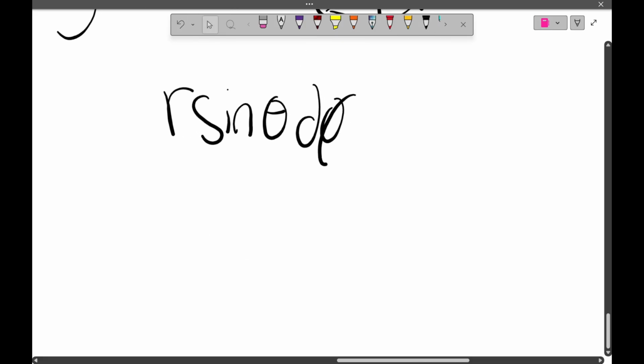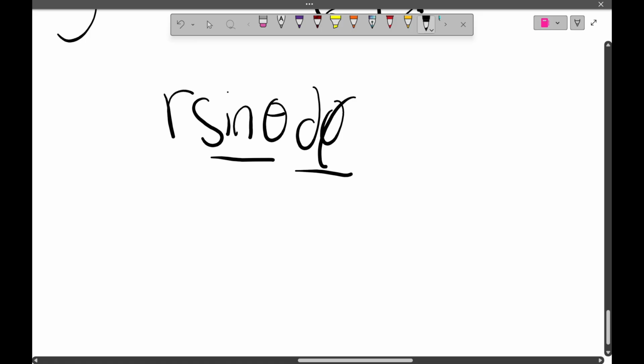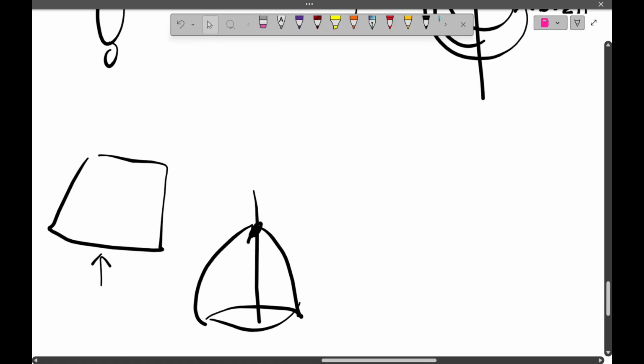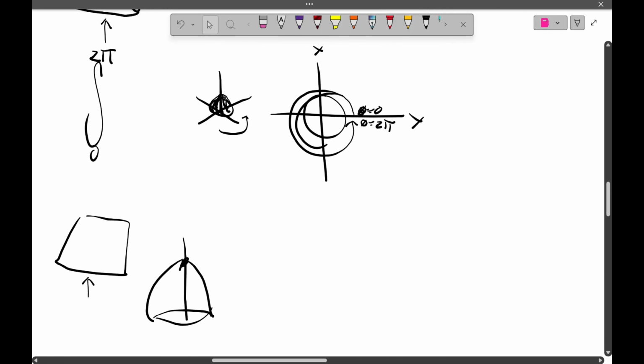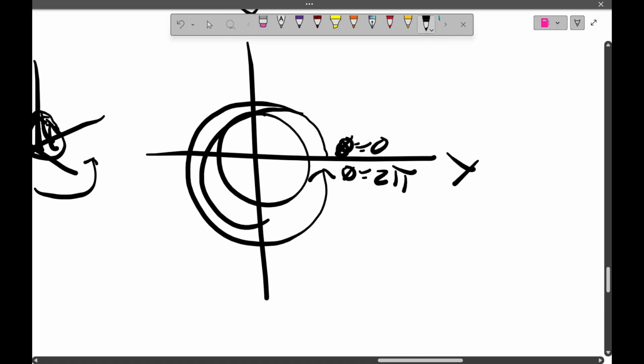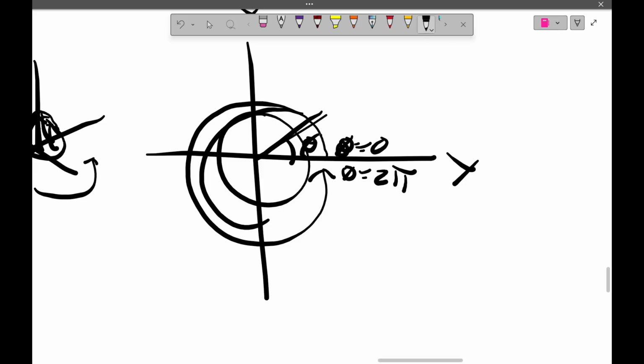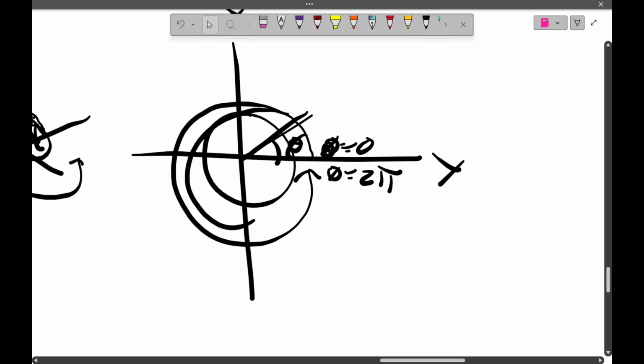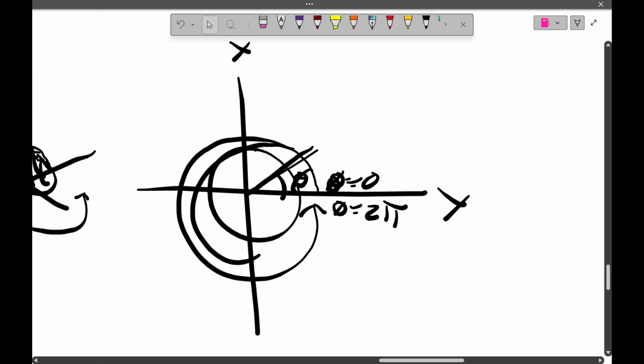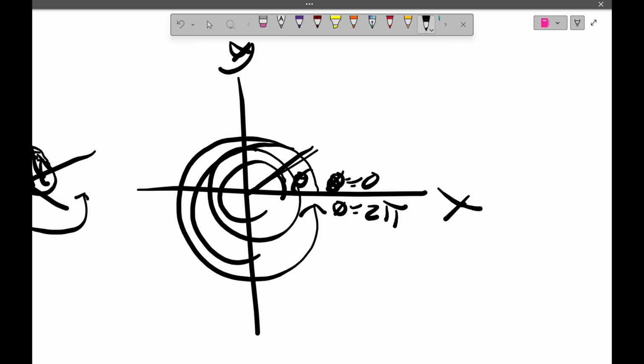Now you're thinking, okay, why do I have a sine theta and a d phi? D phi, remember, is the angle from the x-axis here, phi. Again, we're looking top down on this hemisphere in the xy plane. It should be a y, it should be an x. And we're saying that we're going to capture all of that, so we're going from 0 to 2 pi.